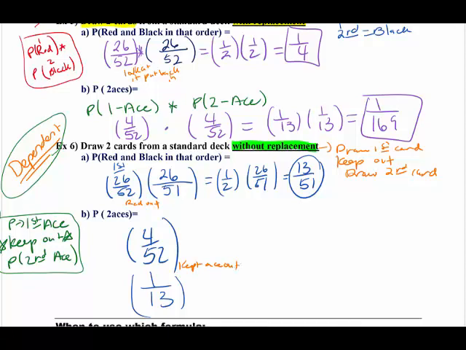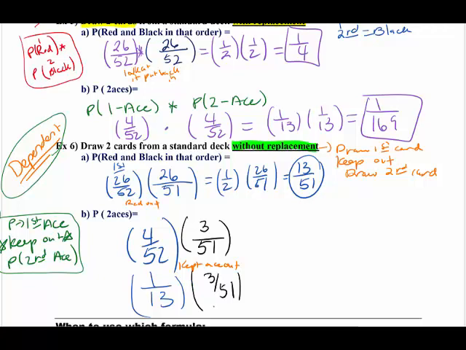So start with the denominator. How many total cards do you have? You had 52. You kept a card out, which is 51. We kept an ace out, so now there are only 3 aces left. 4 out of 52 is when I start with the original perfect deck, but I keep one of the aces out, so there's only 3 left out of 51 cards.